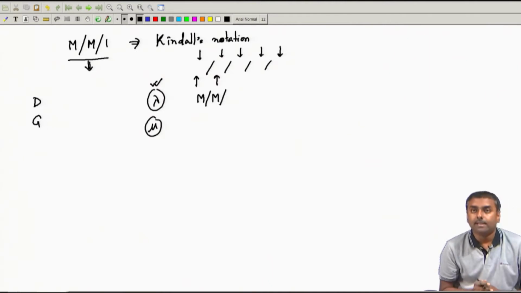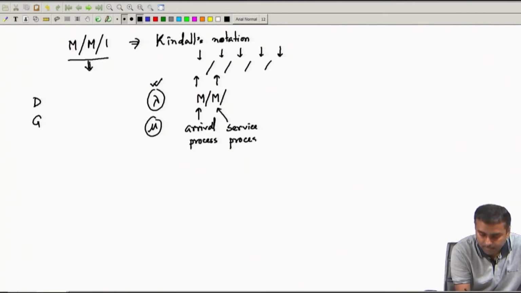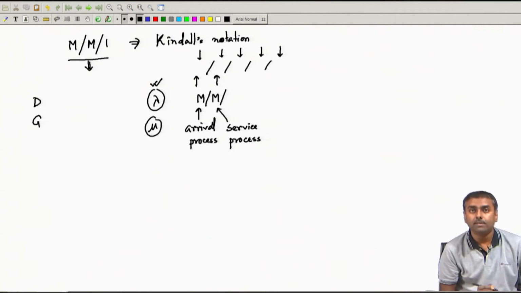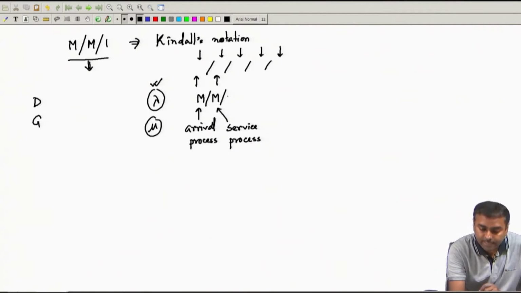The third place, so basically this is the arrival process, this is the service process. What is the third one? So, the third one gives a number.